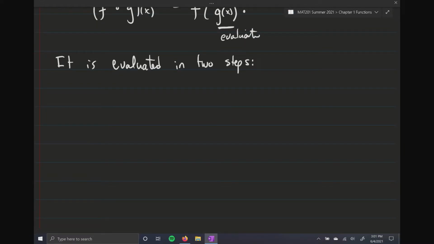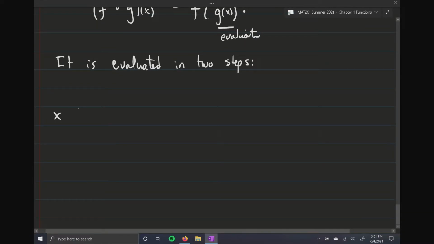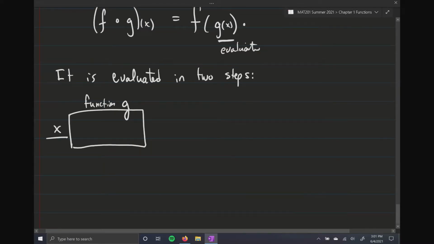So here's x. Here is our, oh, that's a horrible looking rectangle. All right, so here's x. Here's our calculator. This is our function calculator. In this case, we're going to call it function g because that is the inside function.